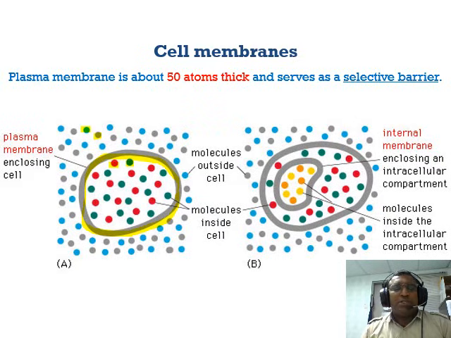But in actual sense, the one on the right is what's found in the cell, where there are organelles. This could be said as organelles, say mitochondria. And then you can see they are orange as well as yellow substances that can be inside the mitochondria, while the green and red are on the outer side, which could be referred to as cytoplasm.